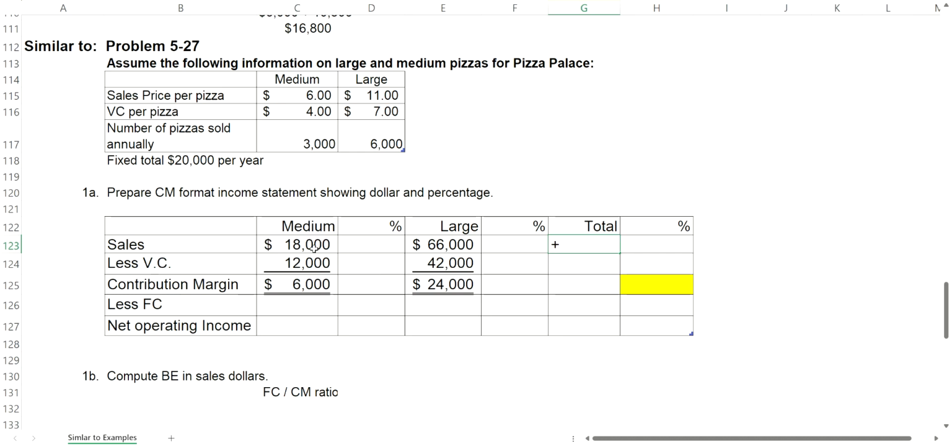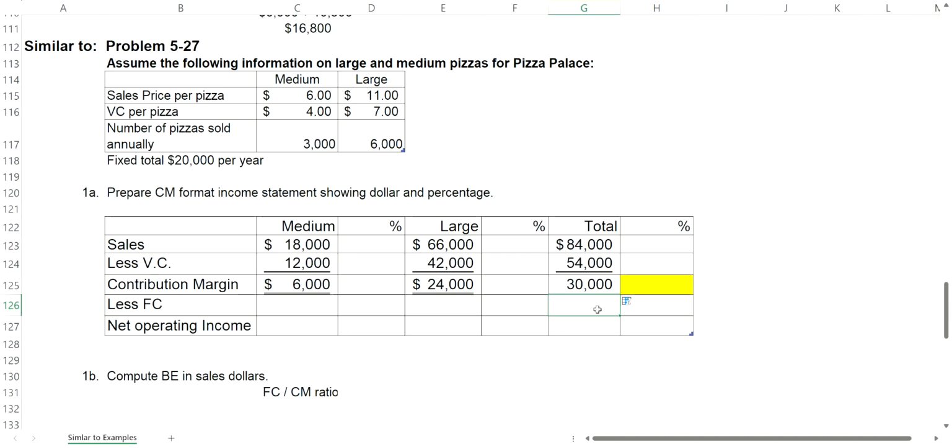For the total column, we'll just add the medium and large together. So 18 plus 66 is 84. 12 plus 42 is 54. And I can go vertically or horizontally. I'll just go vertically and take 84 minus 54 for $30,000.